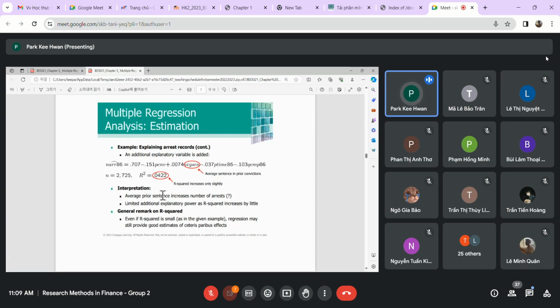So even though you have a low R square, don't be so disappointed. Even though as a whole your regression performs poorly, you have to look at the individual coefficient. This is not the end of the story, okay? And you have to see whether this individual slope estimate is a good estimate or not. And that we will talk about in chapter 4 next week, okay?